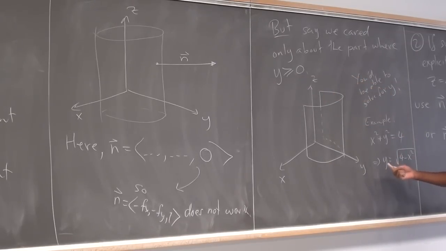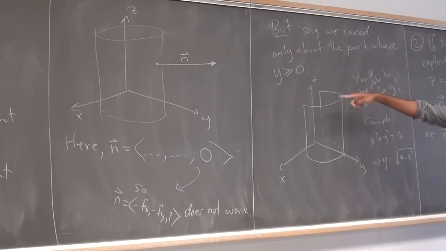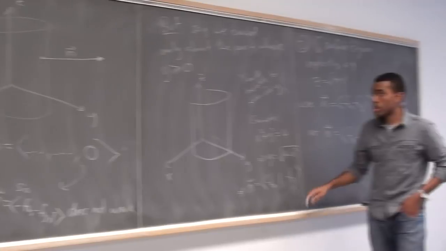So I'd either need 2 normal vectors to describe this surface, or just parameterize it. But in this case, since I only want the part where y is positive, I can literally just describe it as this function. Then I could say my normal vector here is minus fx, positive 1, minus fz. And your fz would actually be 0, so that would work.